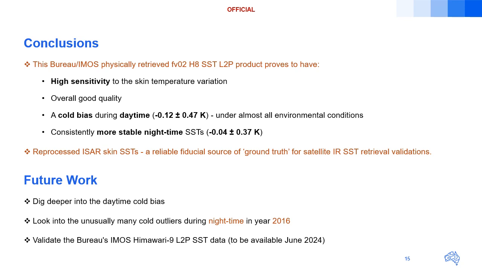Now it's time to draw some conclusions here. After this study, we believe that the Bureau IMOS FV02 Himawari-8 level 2 product has A, high sensitivity to the skin temperature variation, and B, overall very good quality, but we do see a cold bias during the daytime under almost all the environmental conditions, while in the nighttime, the data is consistently more stable.